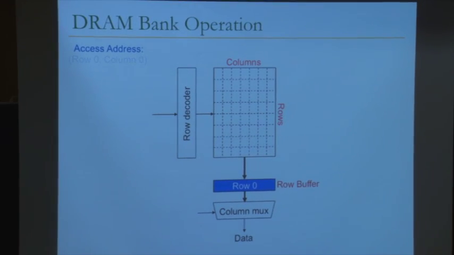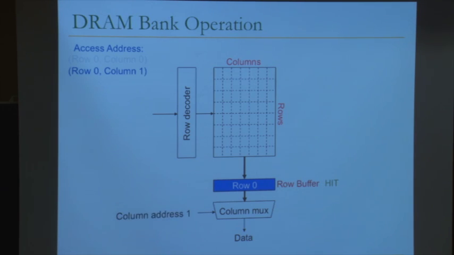Now let's say the processor now wants to access row 0, column 1. Now this row is already in this row buffer. And this is called a row buffer hit. You can think of this as a small cache of a row. Right? Now the memory controller doesn't need to activate the row again, because the row is already here. It already took the time to bring the row there.